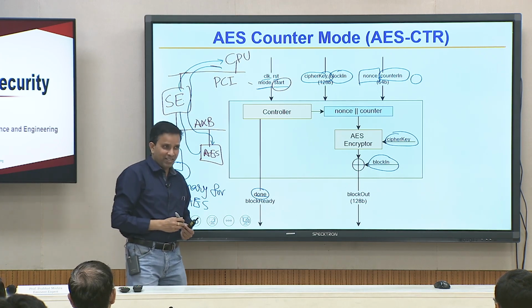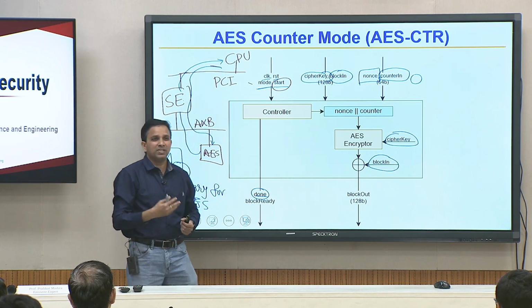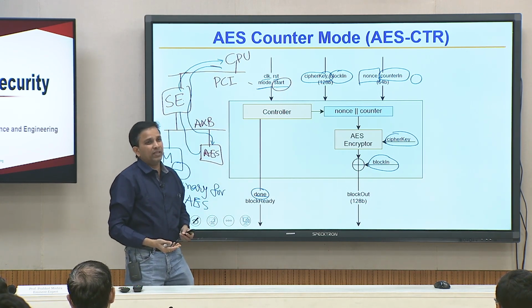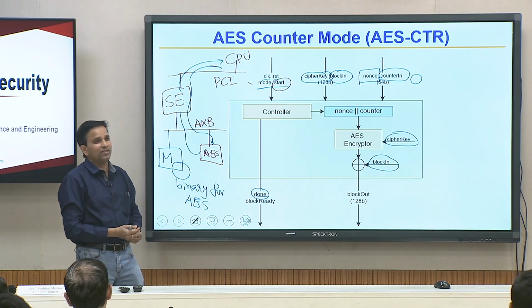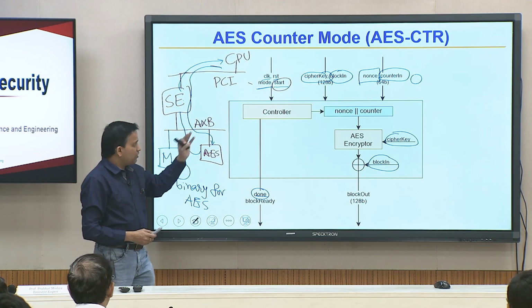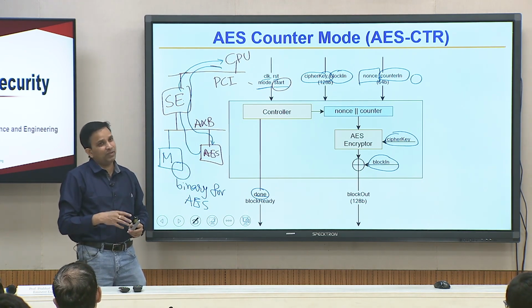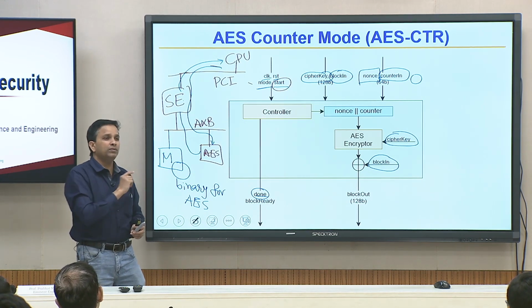Never used again. When I talk about the random number generator, I will talk about how a random number is actually not random. That is why there is a distinction between a true random number generator and a pseudo random generator. But the nonce property is that if you reuse it for any reason, even if it is a random number, then a replay attack will be able to break it.